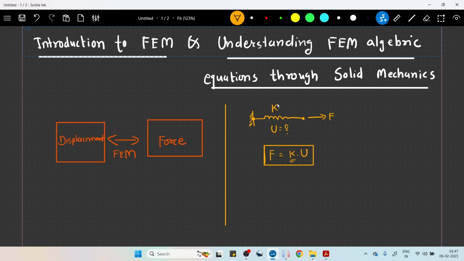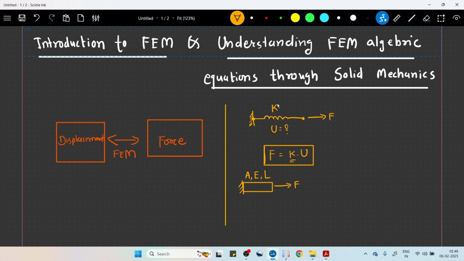But real structures are not as simple as a spring. Even if we take a very simple structure like a bar member or truss member, when we apply the force here, the known quantities are area, Young's modulus and length, right?